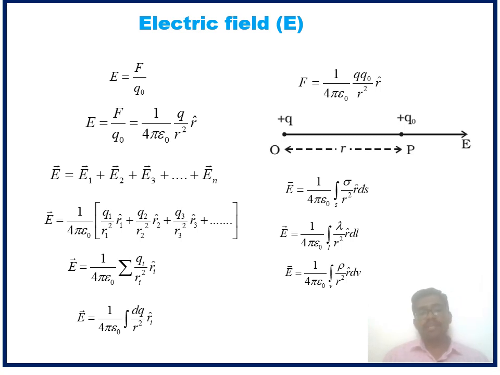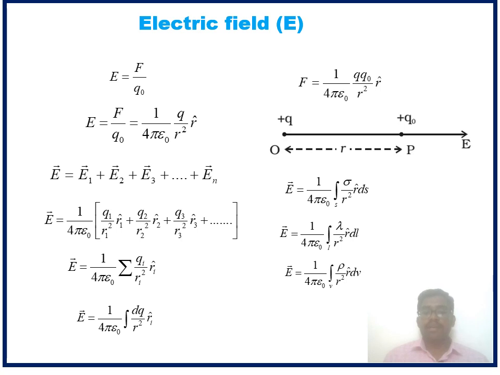If the charges are continuous, we can also represent the electric field in terms of integration: E equals 1 by 4 pi epsilon naught, integral of dq by r square, r cap. Suppose we have surface charge density, then we can also write the electric field in terms of surface charge density. Surface charge density is the factor which represents how much charge is on a particular surface.